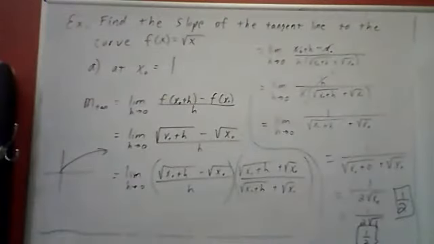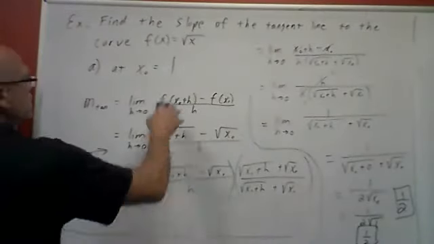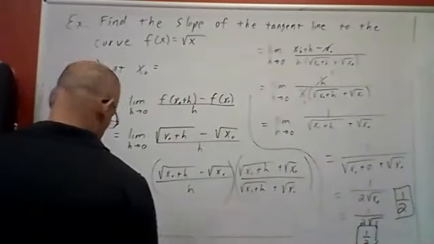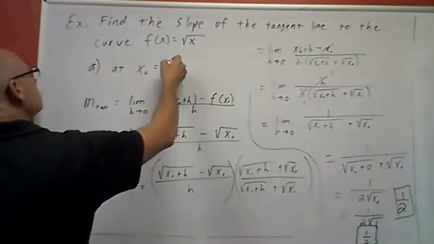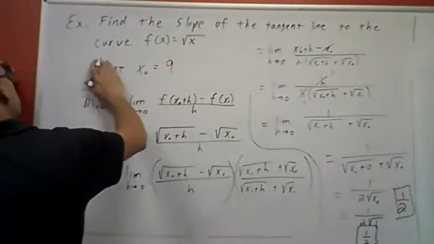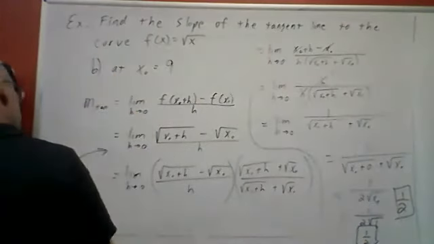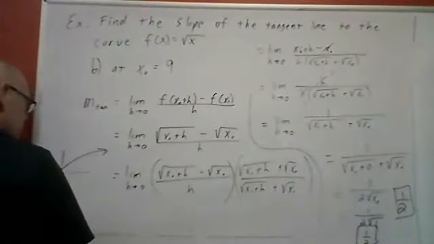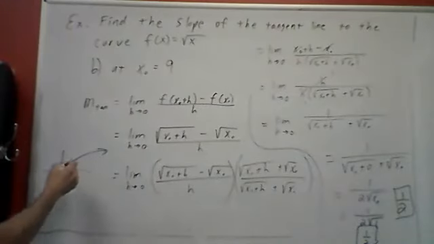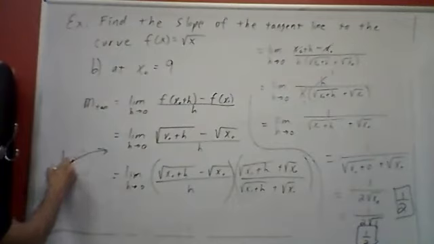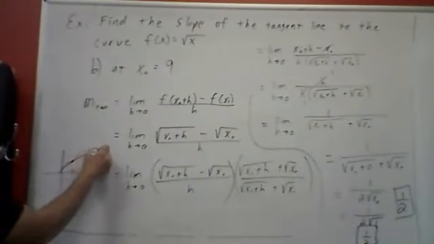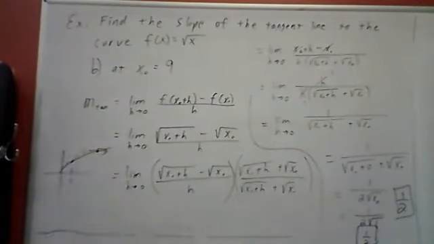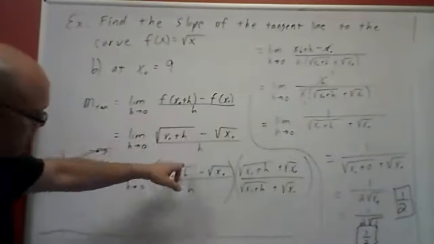Let's look at B. B will want the same thing, but at x naught equal to 9. So what I just found was the slope of the tangent line at this point right here. Now I want it at the point 9. How do I do that? I do the same thing, the limit as h approaches 0 and so forth.